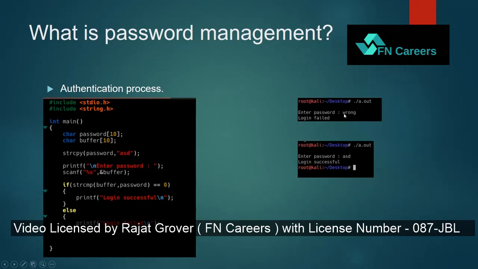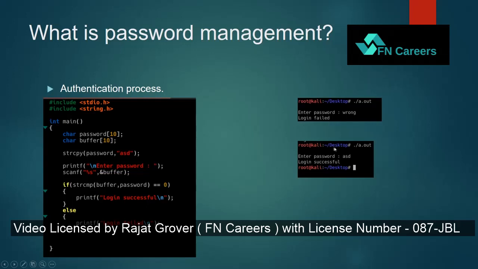So we are writing here wrong, and so wrong is going to get memorized in the buffer. So basically we are comparing buffer, which is wrong, and password, which is ASD, and this of course is not equal to 0 since they are different, so we get prompted with login failed.